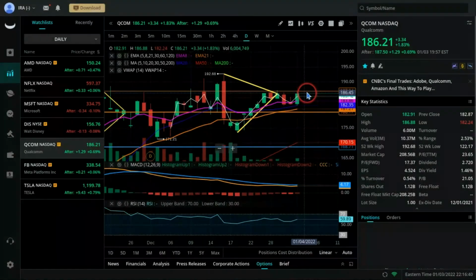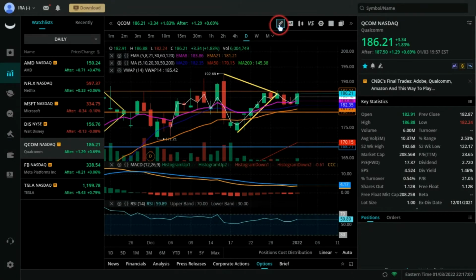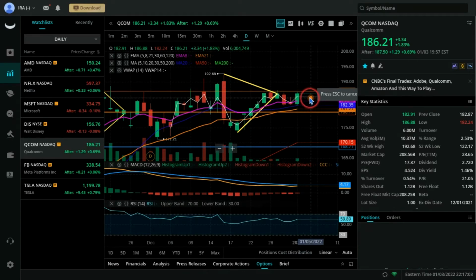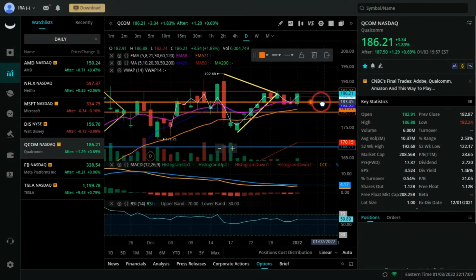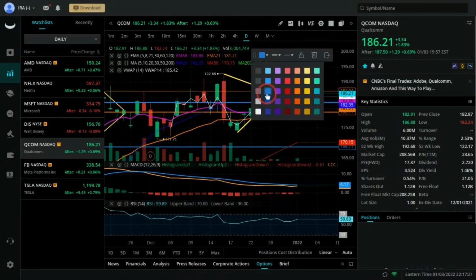For the put, I will go with the rejection of, hold on. That seems to be alright support.